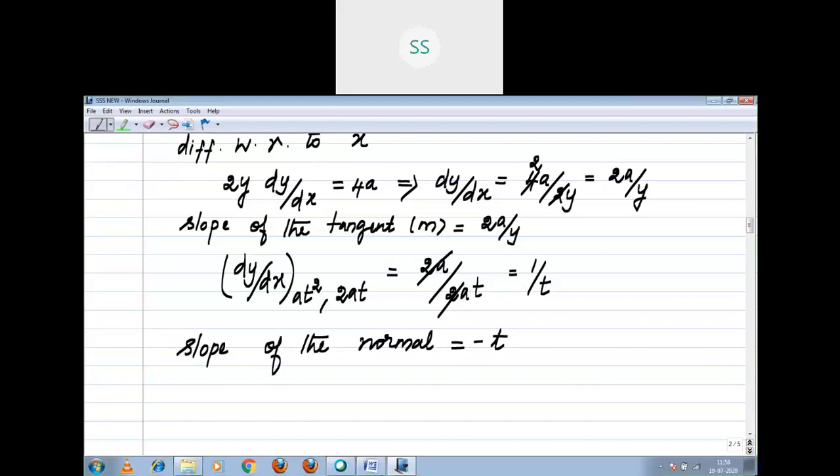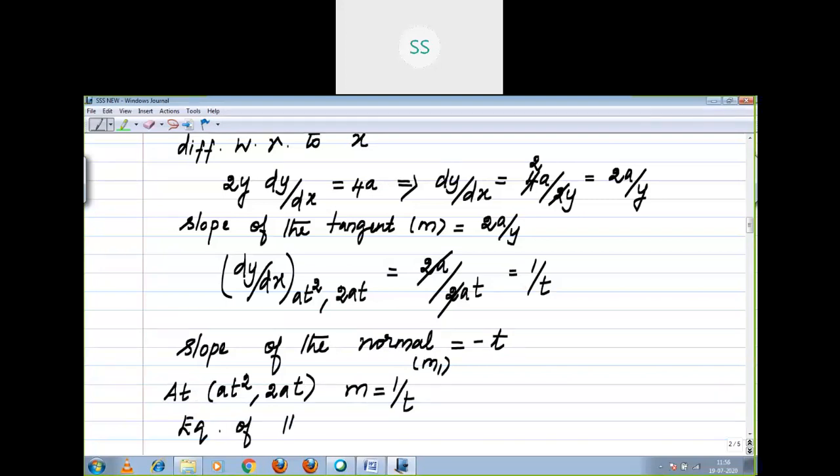The point you know. Then you have to find the equation of the tangent and the equation of the normal. At (at², 2at), the slope m is equal to 1 by t. This one you should represent as m1. The equation of the tangent, in one-point slope form, is y minus y1 equal to m into x minus x1.